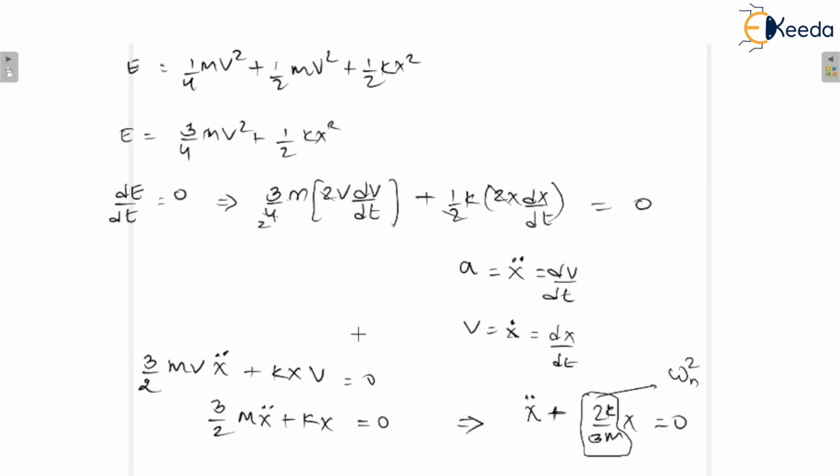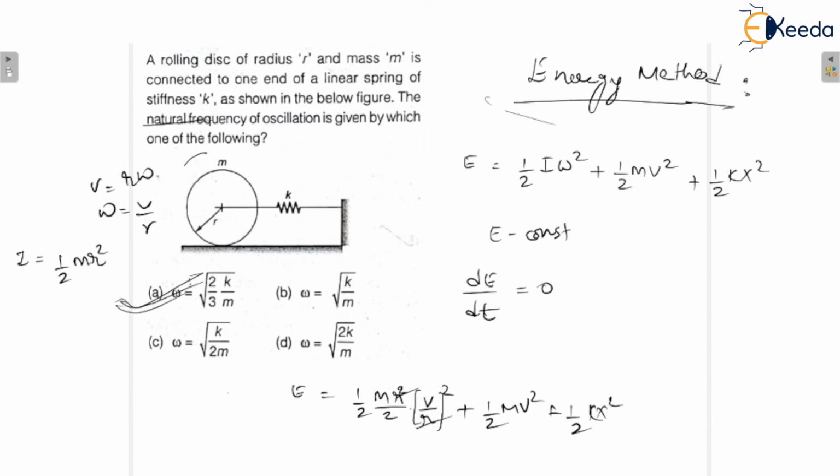You just have to assume that this disk is going to be rotated with some angular displacement theta in this direction. So you can see here, about the contact point C, you have to consider. Okay, so there will be some angular displacement theta.